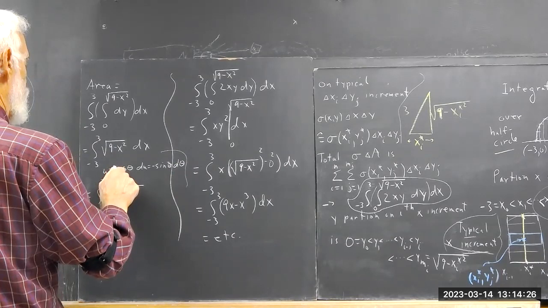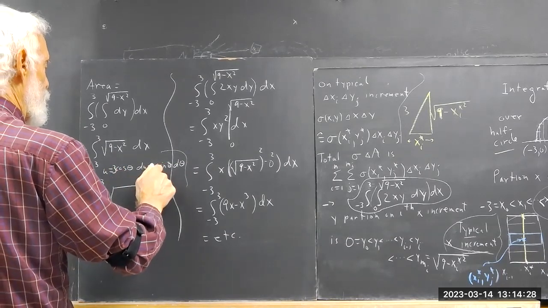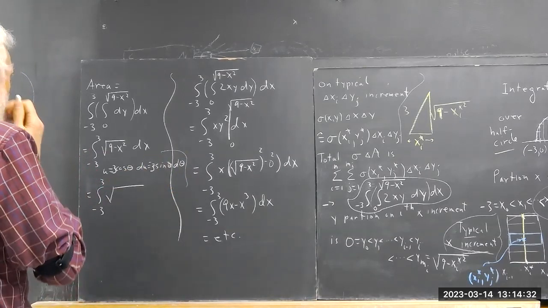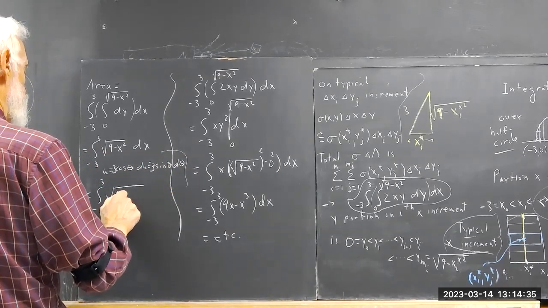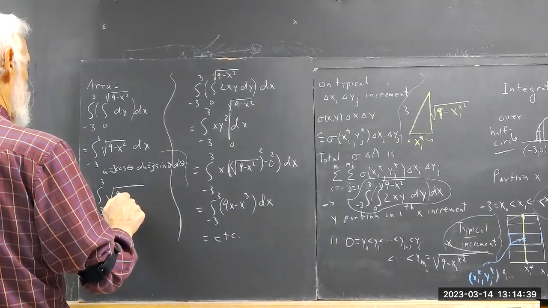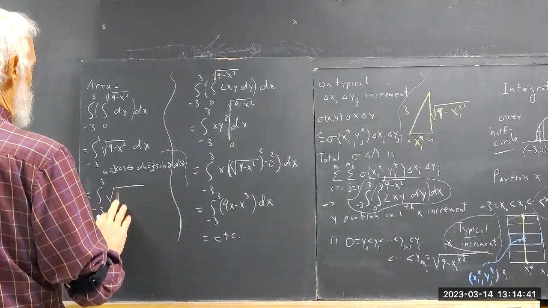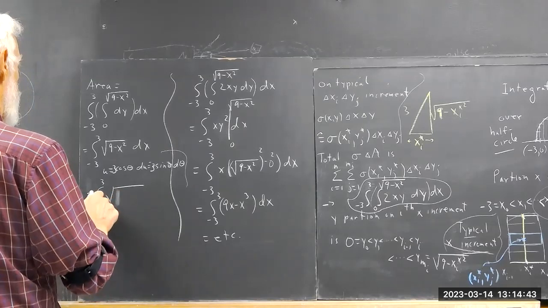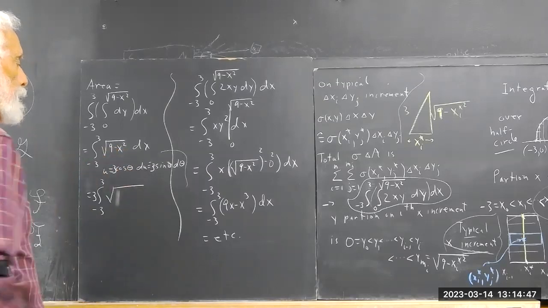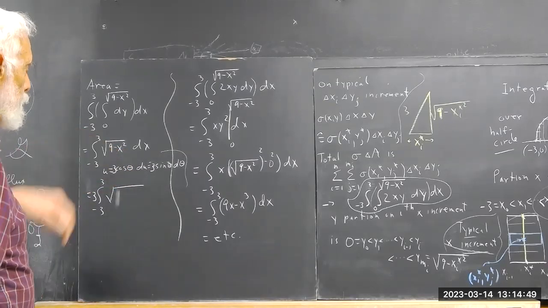It's 3 cosine theta, and du is negative 3 sine theta. We're going to factor 3 out. We're going to get a 3 cosine theta quantity squared.